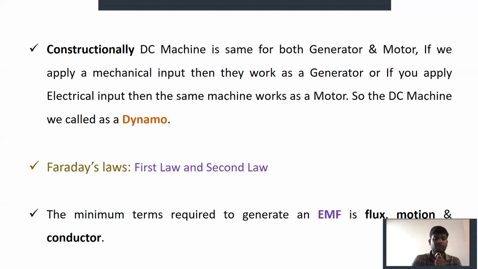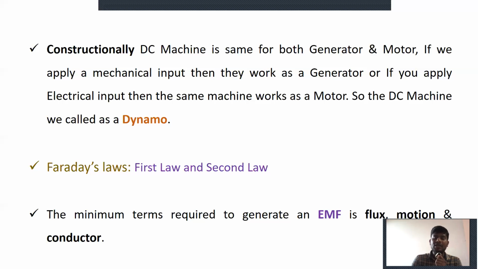So here we are getting a term EMF. Basically, EMF is induced due to the cutting of the fluxes by a conductor. That's why the basic requirements to generate the EMF are flux, motion and conductor.